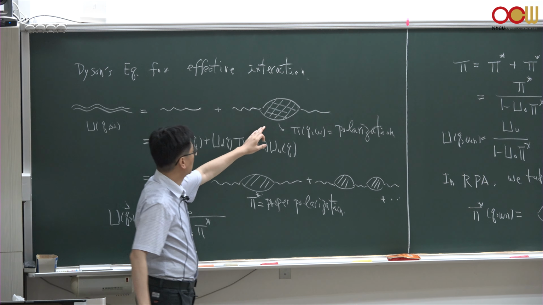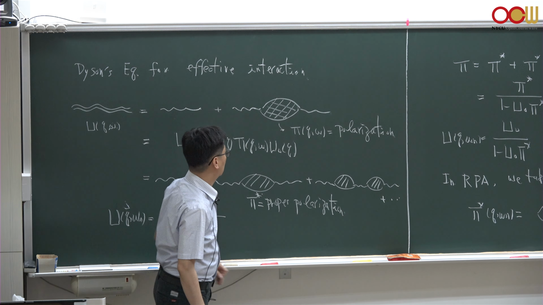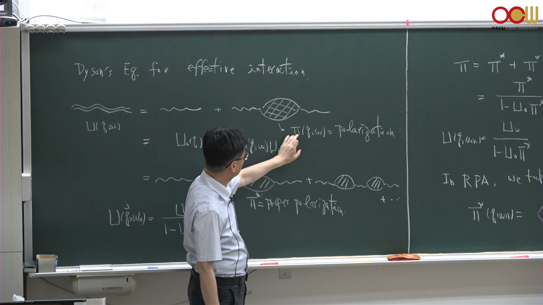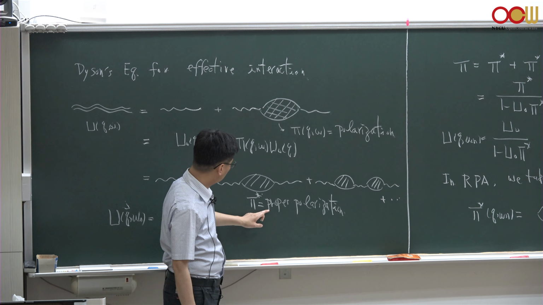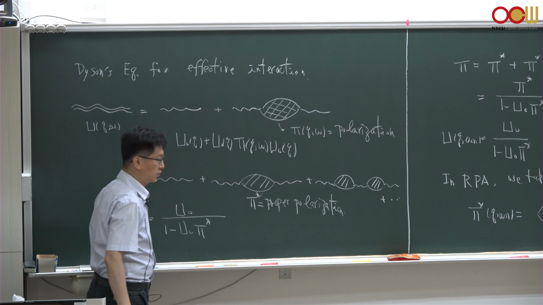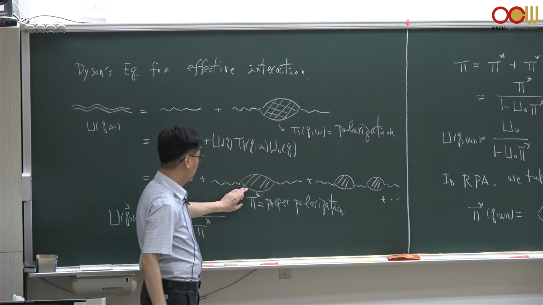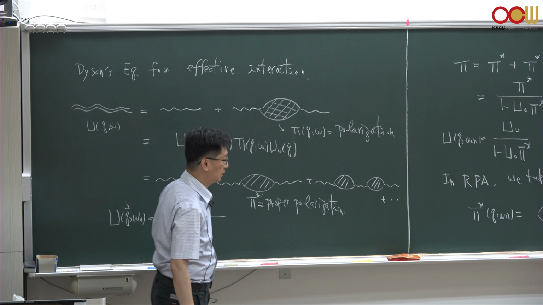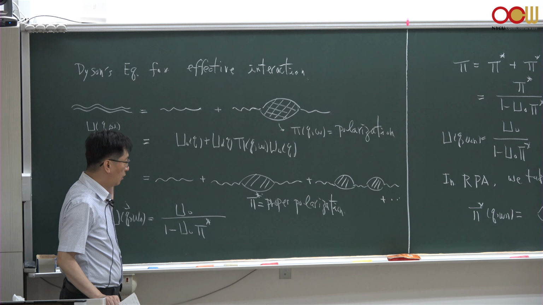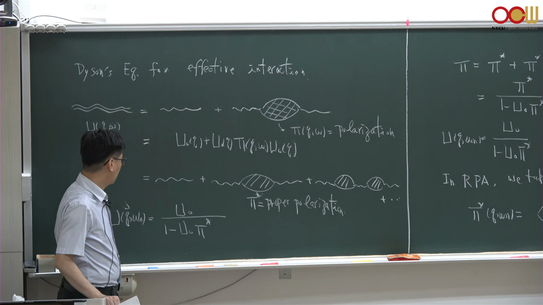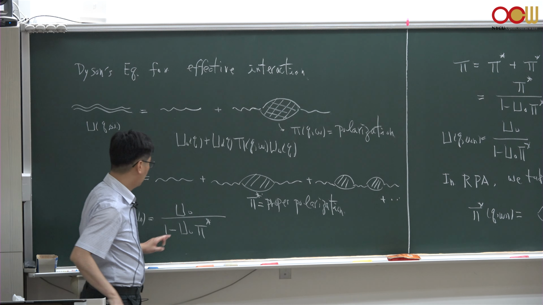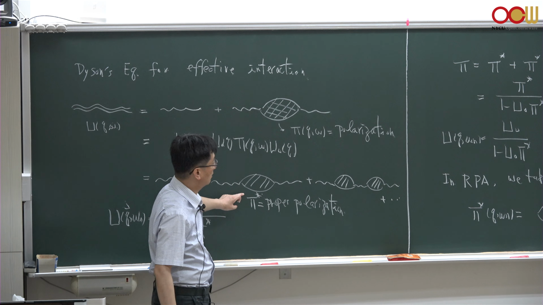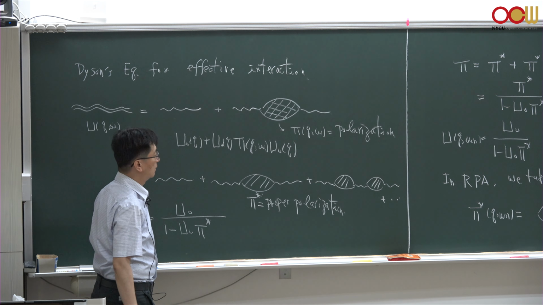You could expand this double shaded polarization bubble, which we call pi, in terms of this single shaded pi star, or what we call the proper polarization bubble. So you insert one pi star, two pi stars, three and so on. When you sum all such pi star bubbles, you get the full corrections to U effective, and this is given by U0 divided by 1 minus U0 times pi star. As I mentioned already, this pi star is the key.